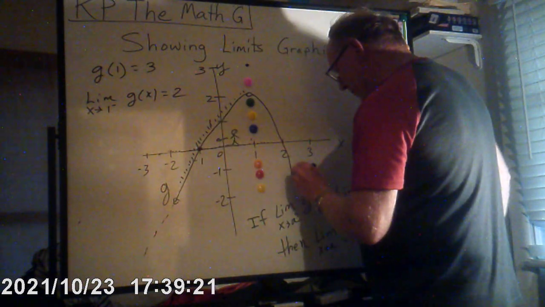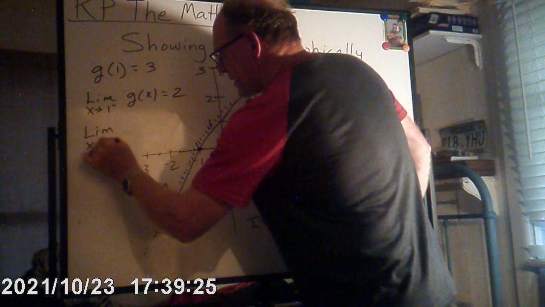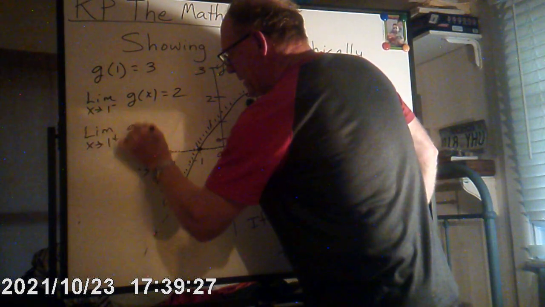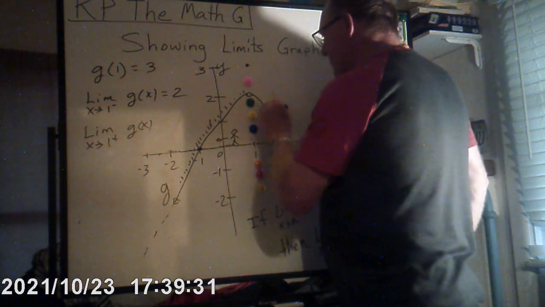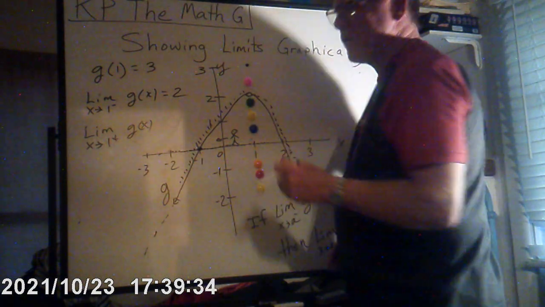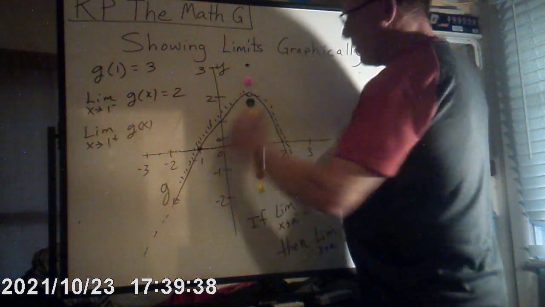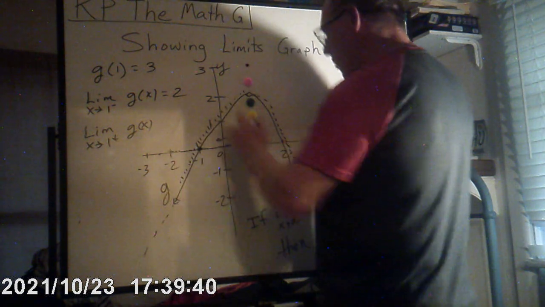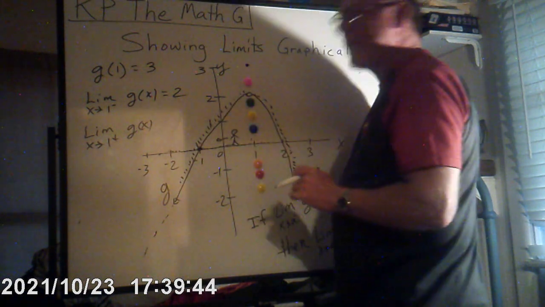So if you come up here from the right, and remember we say the limit as x approaches 1 from the right of g of x, do we run into the hole? Yes, we do. Now, we don't want to step into the hole, but we approach the hole. As we're approaching 1, we also approach that y value hole right there.